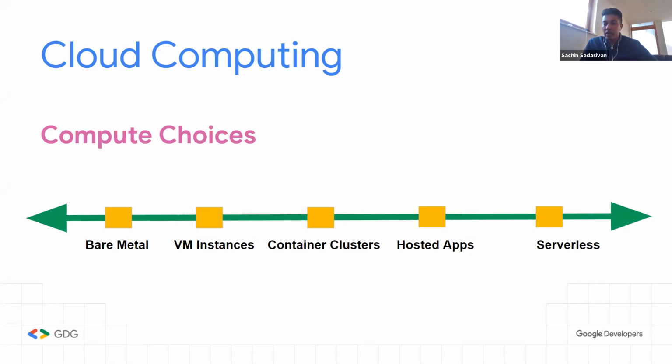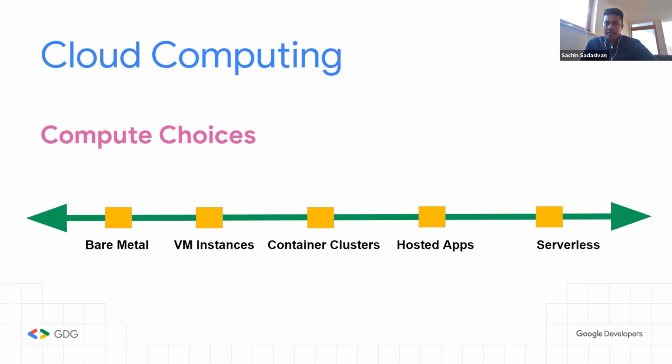So starting with VM instances, that stands between the bare metal and the other cloud resources, basically provisioning your virtual machine and virtual instances. It's up to you to manage and maintain. Then we have container clusters, mostly with containers and container orchestration technologies like Kubernetes, for instance.